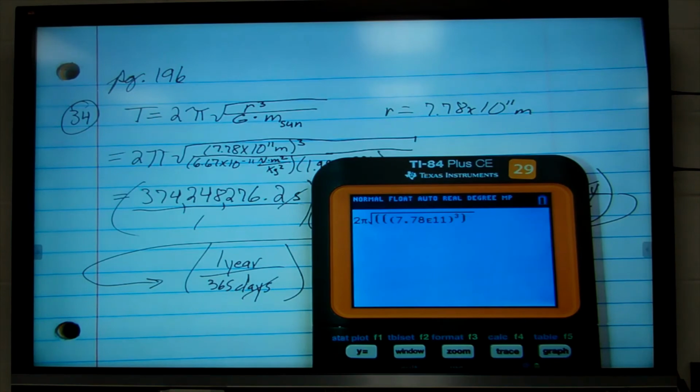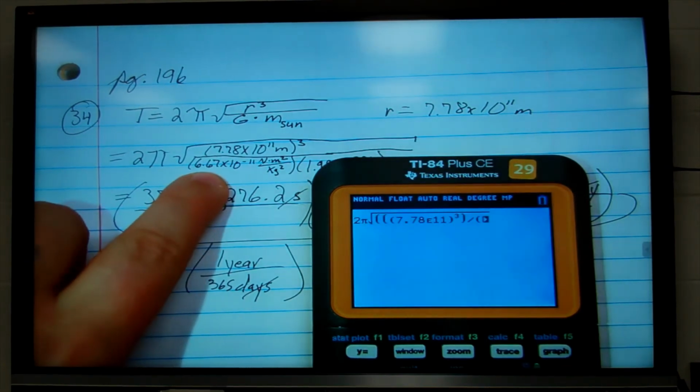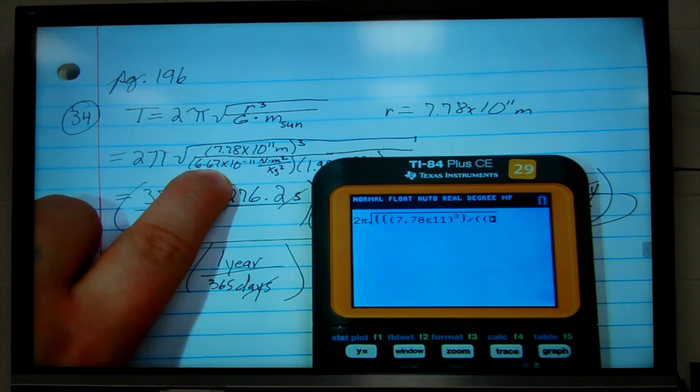Now I got to deal with my denominator. So I'm going to hit division. Divide. Now I hit parentheses. That parentheses is to enclose my denominator. But when you look here, I have an exponential value that's going to go in here. So I hit parentheses again.